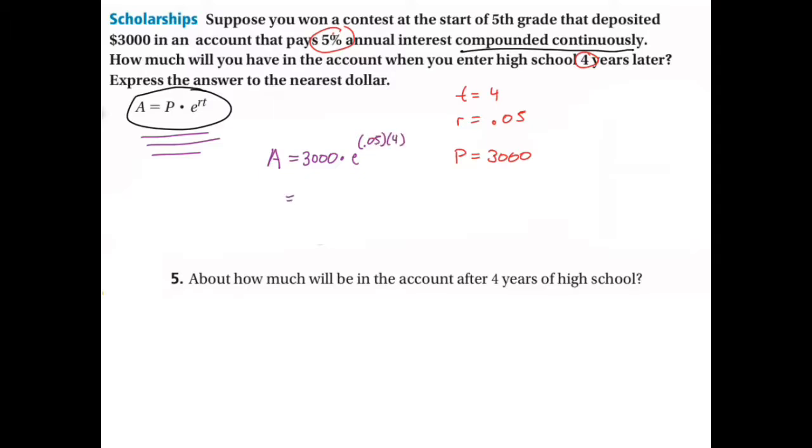We can simplify some things here: 3,000 times e to the 0.2, since 0.05 times 4 is 0.2. We're going to let our calculator handle this, and we get right around $3,664 in the account when you enter high school.